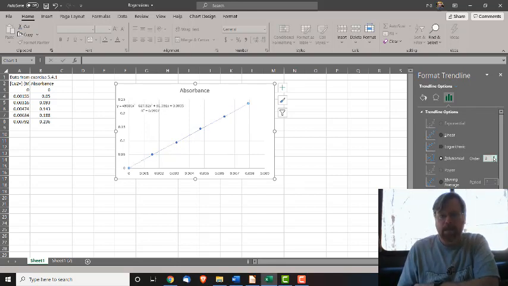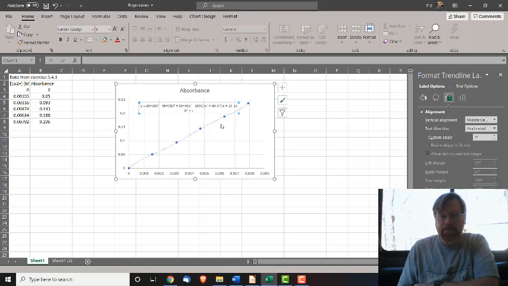As I go ahead and increase the order, you can see my r-squared value gets closer and closer to 1. And look there, you're starting to see some weird behavior in between my data points. That gets a little wild out there in between points.